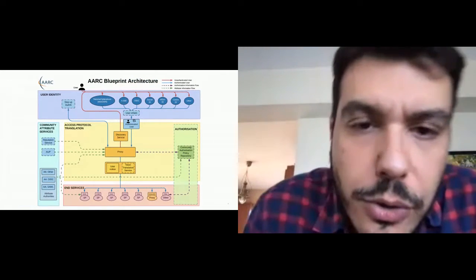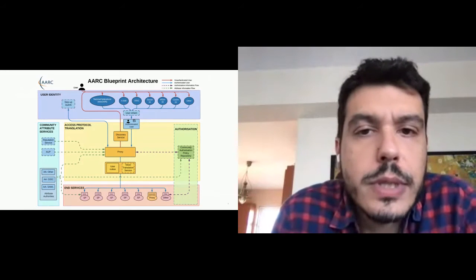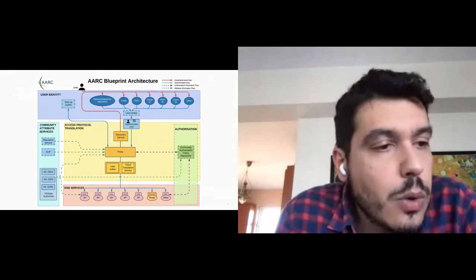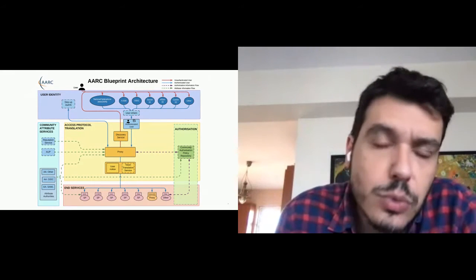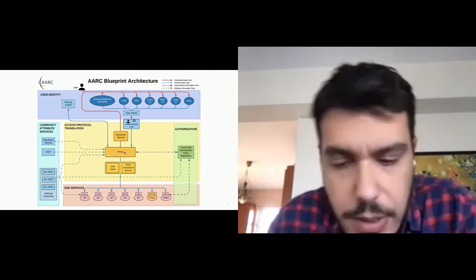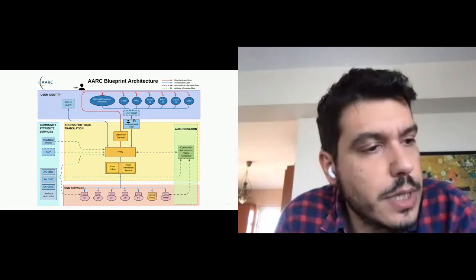Here you can see the functional view of the ARC blueprint architecture, which is based on a proxy, which allows services to connect to a single point, which is the proxy, as also discussed by Dave in the introductory session.